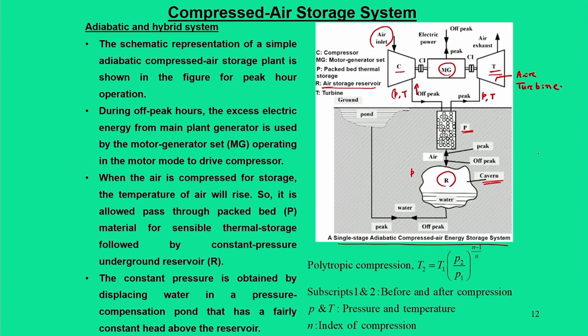So, for that case, instead of assuming an isentropic system, we call this a polytropic system, and these polytropic systems operate in an adiabatic manner. During the polytropic compression, we can find the temperature ratio, that is T2 by T1, as the pressure ratio raised to the power n minus 1 by n. n stands for the index of compression.